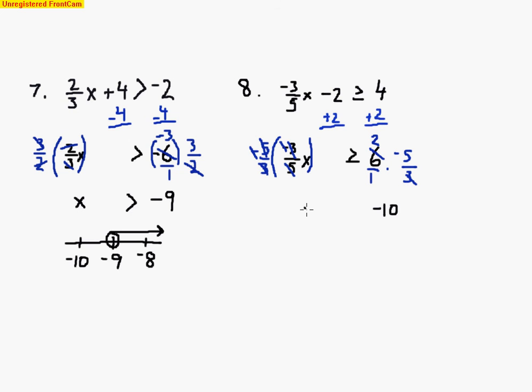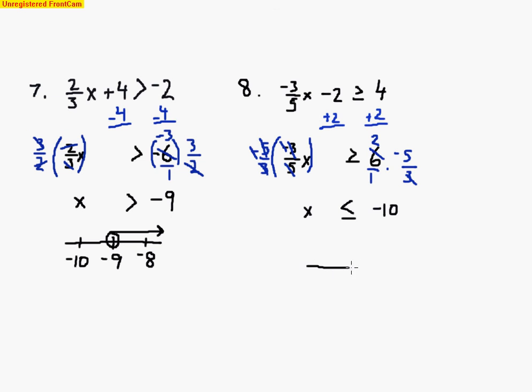We bring down the x, but what kind of inequality sign should we bring down? Well, remember, when we multiply by a negative, the bigger numbers become smaller, the smaller numbers become bigger, so we have to switch the inequality sign around. So x is less than or equal to -10.